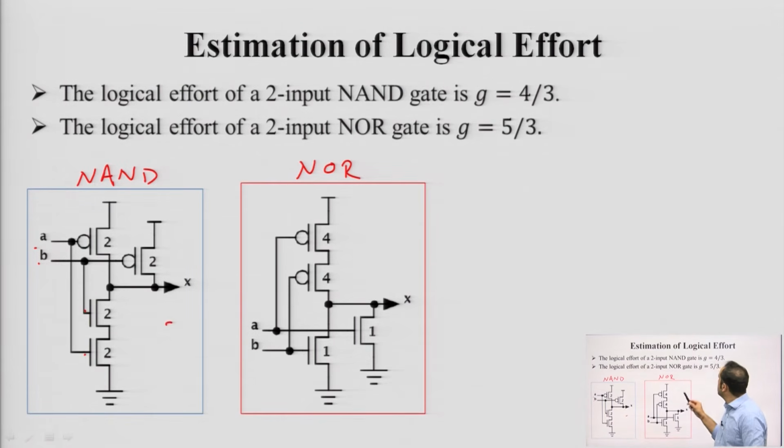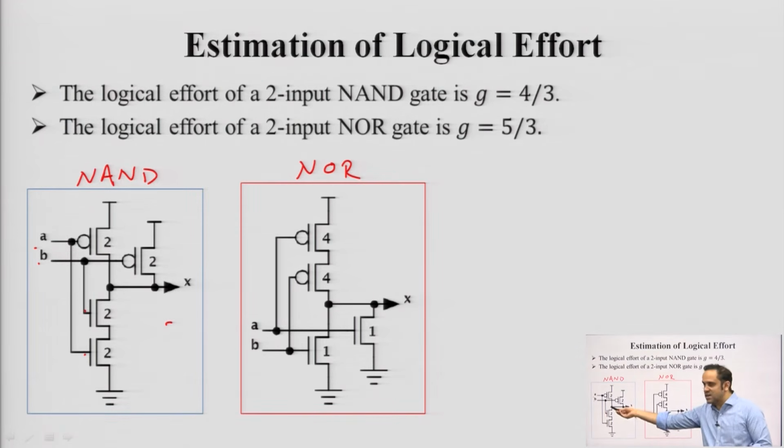If I look at the NOR gate, this input A is going to see 4 units of capacitance here and 1 unit of capacitance here. I have written 2 here because we are making the transistor twice the width to compensate for differences in mobility.